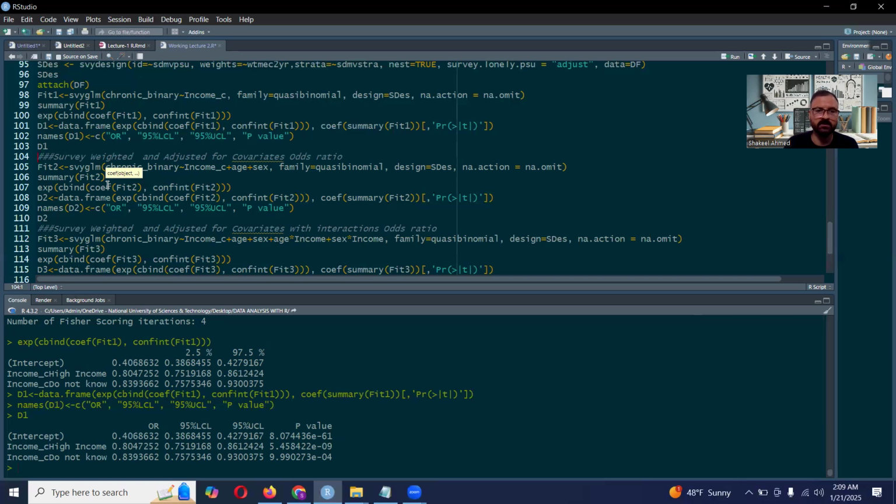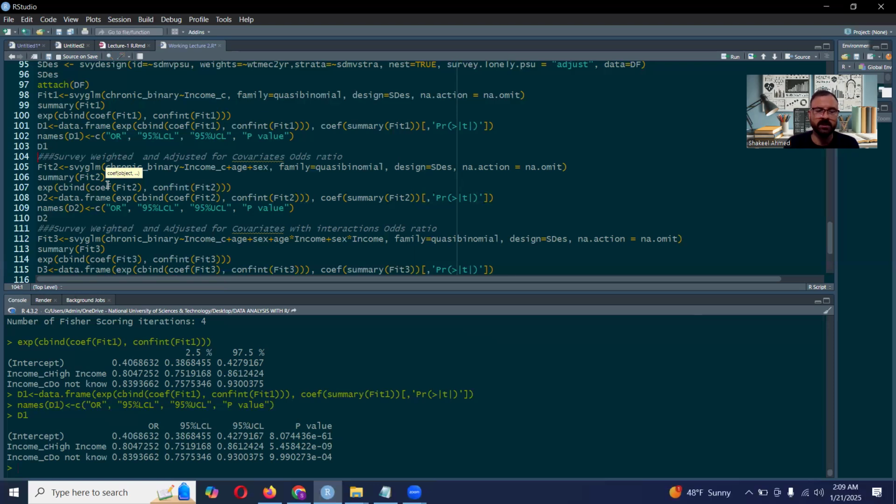Similarly, I am also balancing the data on the basis of sex, and you can also include other covariates, like physical activity, people having diabetes, or the BMI. We can include all these demographic or clinical variables as covariates.